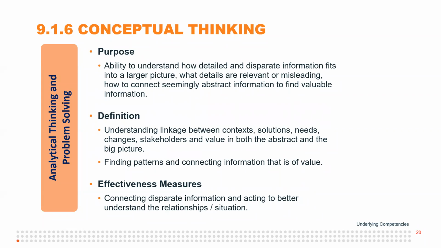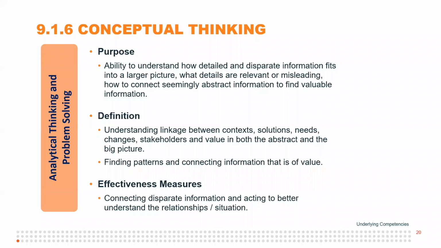And then next we have conceptual thinking. And the purpose here is to be able to understand how detailed and disparate information will fit into the larger holistic picture, and then what details are relevant, what details may be misleading, and how to connect seemingly abstract information in order to find valuable information.